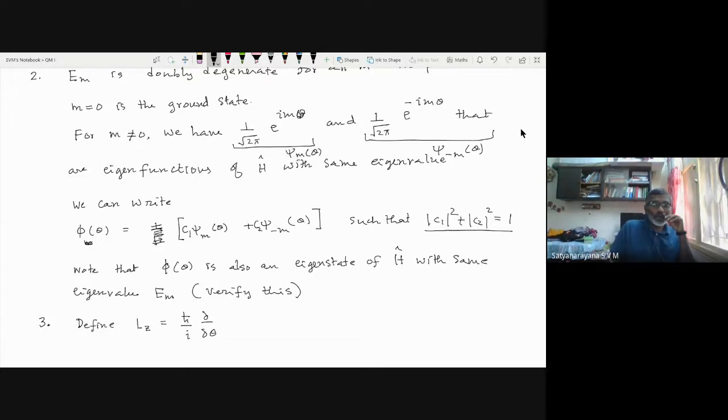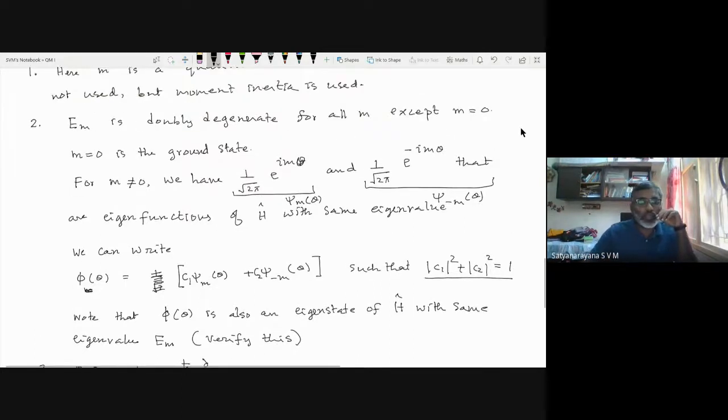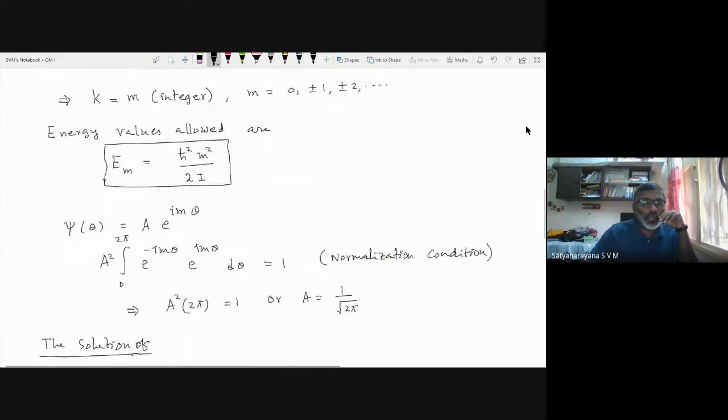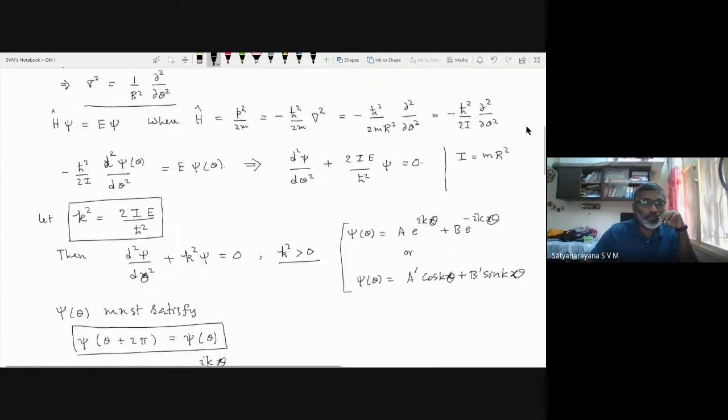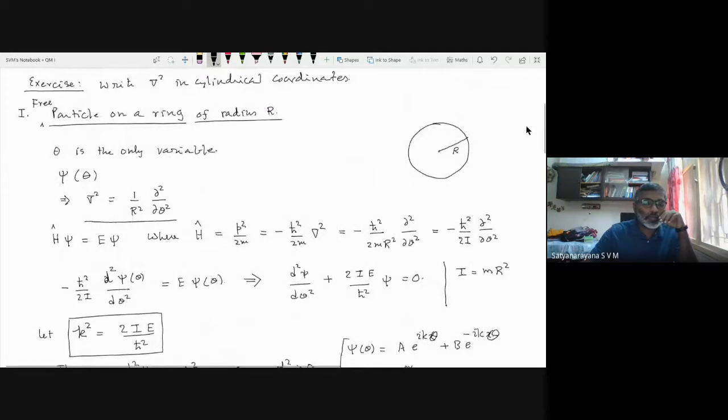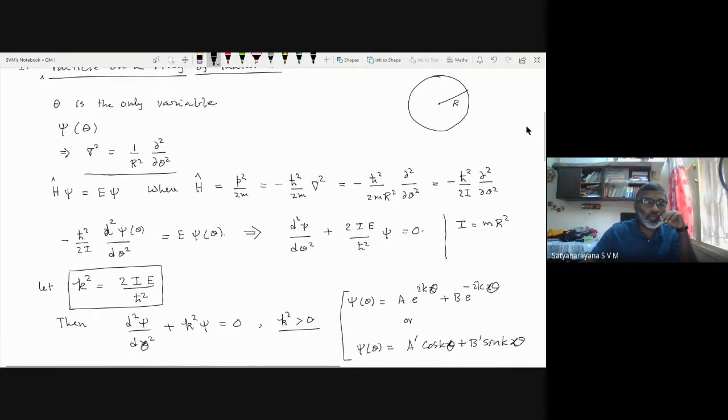Okay, if I write like this, then I can write down this Hamiltonian. Somewhere I have written this Hamiltonian p square by 2m. So this p square by 2m, now I can write it, because the only angular motion is along this ring, as Lz square by 2I.